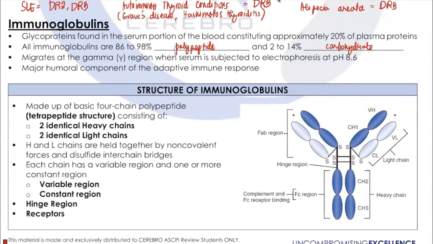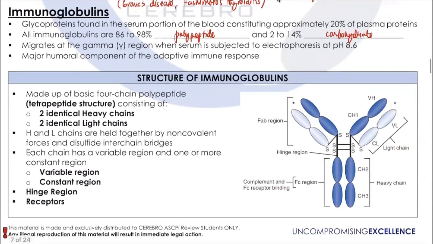So it migrates at the gamma region when serum is subjected to electrophoresis at a pH of 8.6. That's why formerly, tinatawag din itong mga immunoglobulins as gamma globulins. And again, our antibodies are the major humoral component of the adaptive immune response.